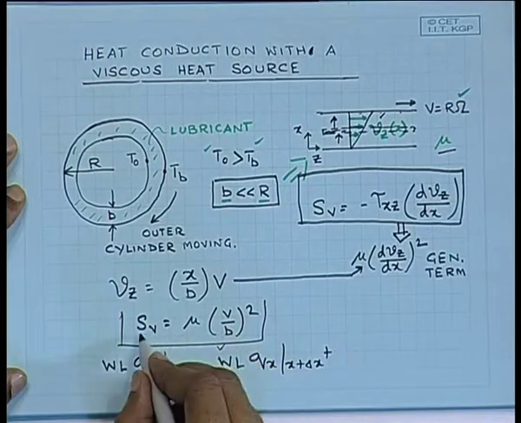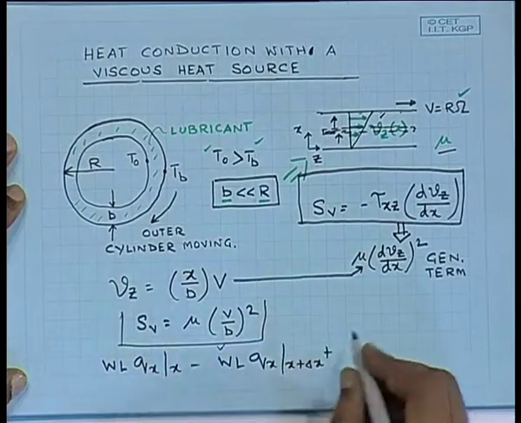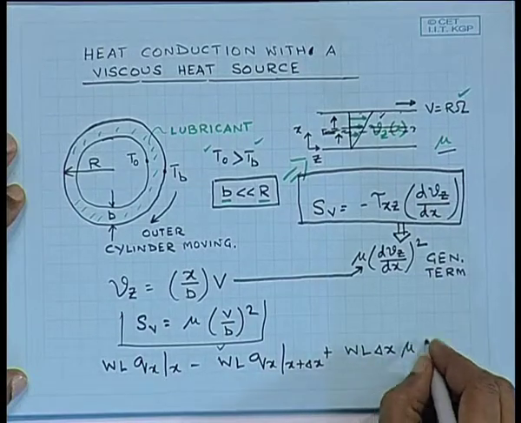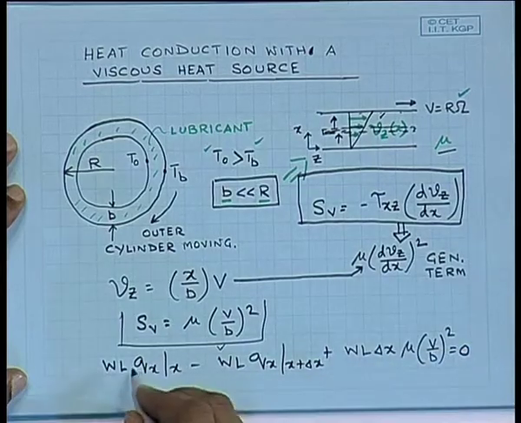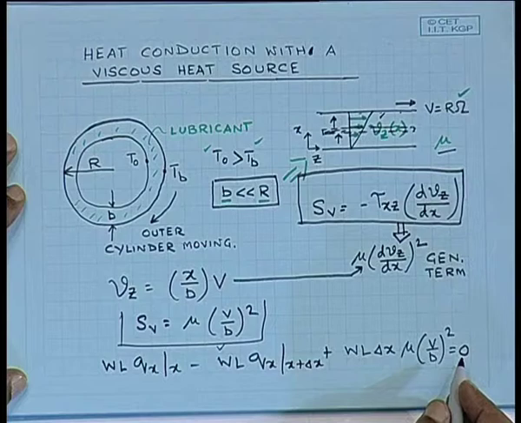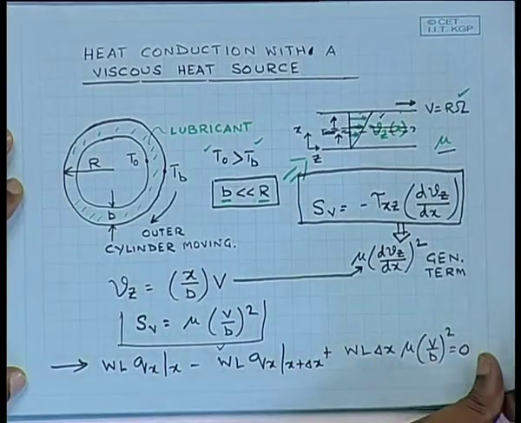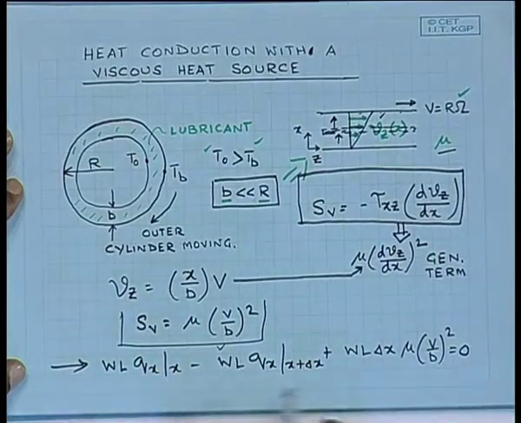So, obviously, SV has to be multiplied by the volume of the system, which is W L delta x, and SV is mu times V by B whole square, and the sum is equal to 0. So, in minus out plus generation at steady state would be equal to 0. So, any question about up to this point? Okay. So, I have written the equation in difference form.